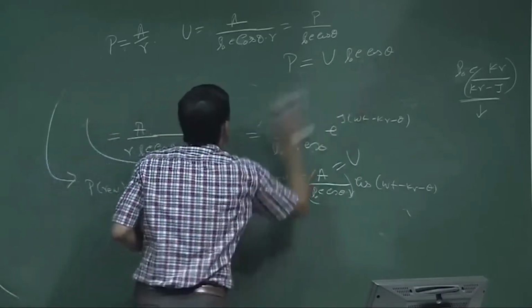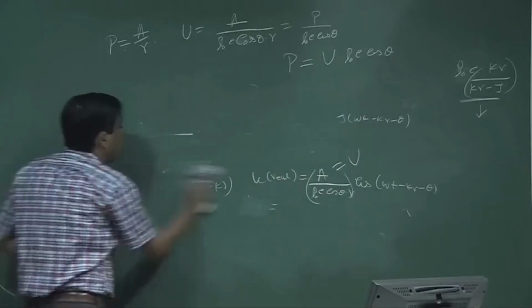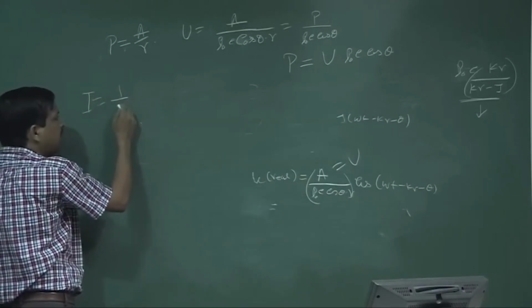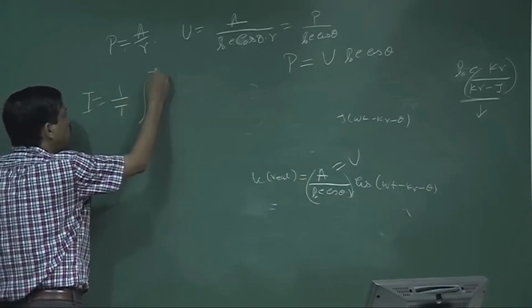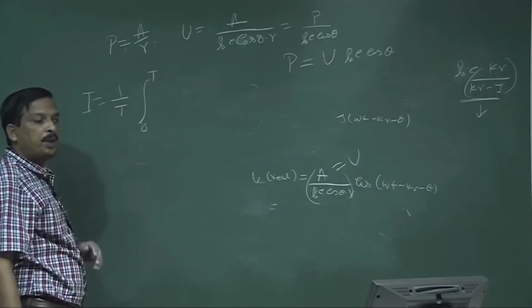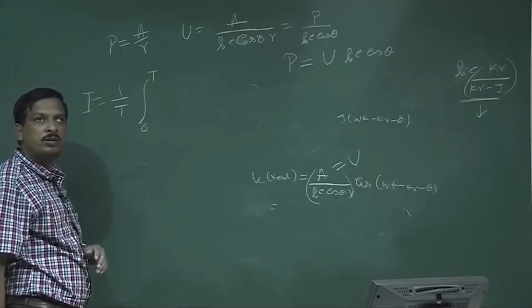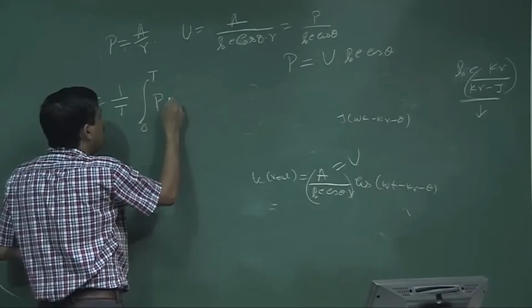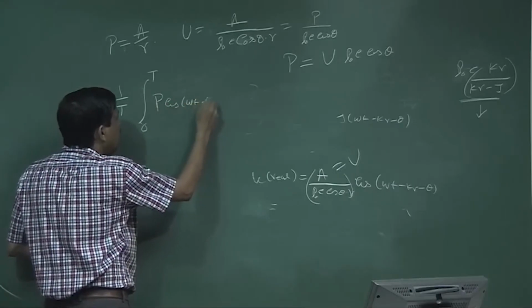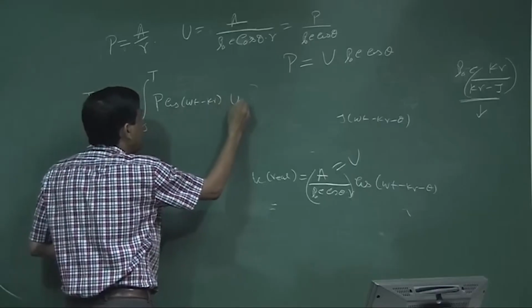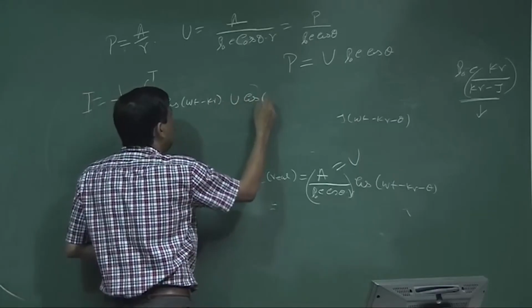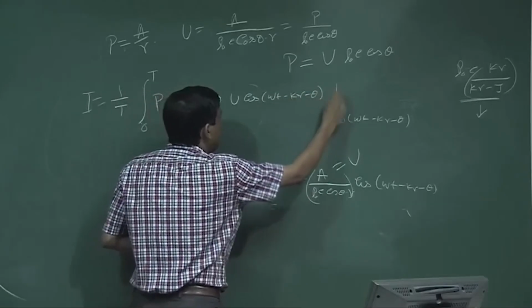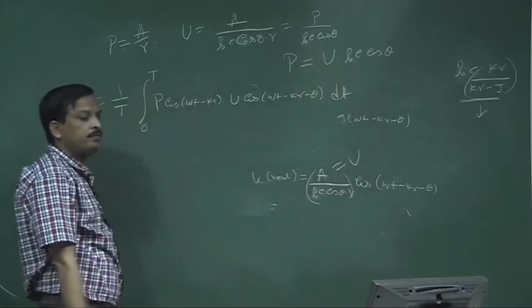Now, what is I? What is the intensity of the wave? The intensity of the wave I is nothing but the time average from 0 to T of pressure into velocity. Pressure is capital P cos(omega t minus kr) into capital U cos(omega t minus kr minus theta) dt.